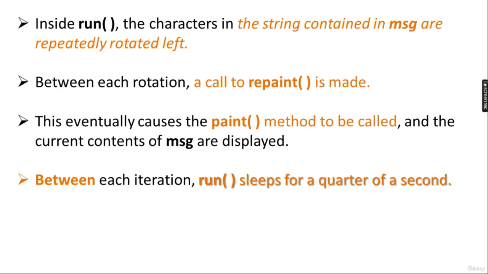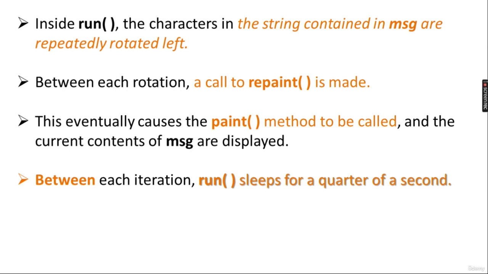Inside run, characters in the string content are repeatedly rotated to the left, and after each rotation repaint is called automatically. This eventually causes the paint method to be called, and in that paint method the message contents are displayed.